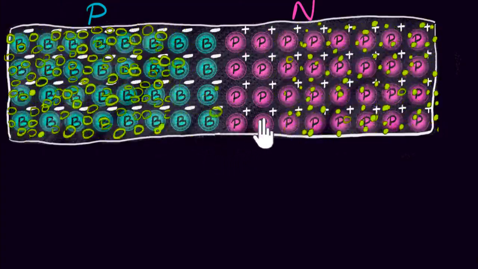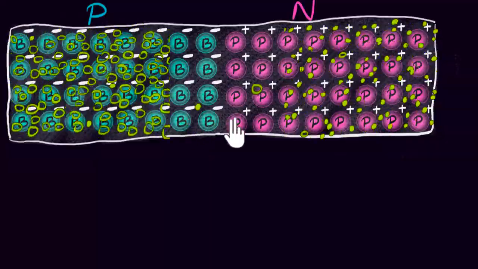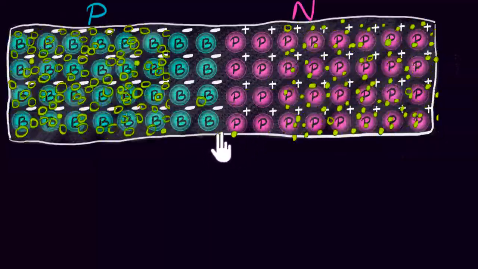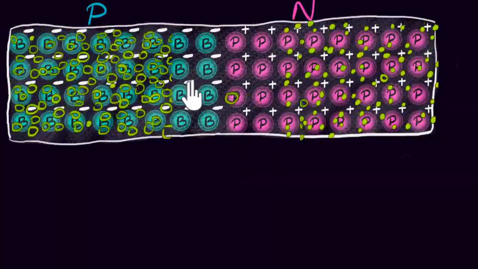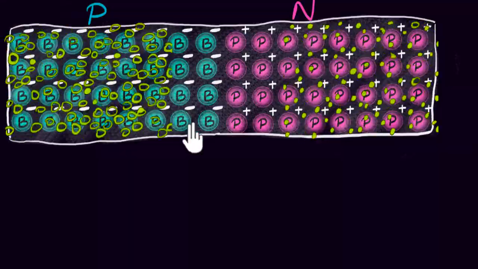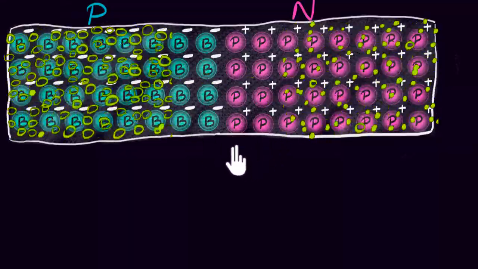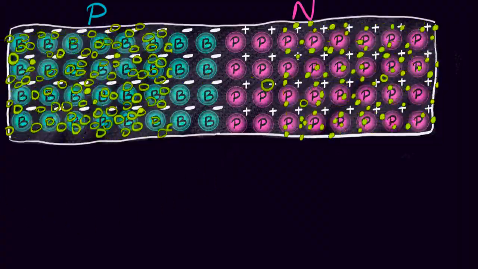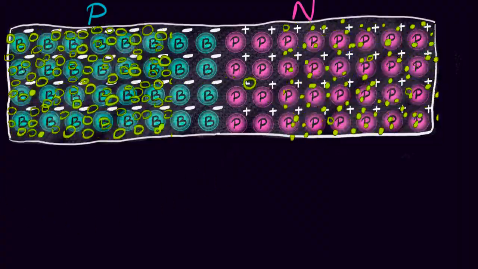But now the minority charge carriers start getting sucked in due to these charges in the opposite direction. Eventually, equilibrium is reached when for every hole that diffuses, one hole gets sucked back, and for every electron that diffuses, one electron gets sucked back. And now equilibrium has been reached. And this device is super useful because this will act like a one-way conductor.